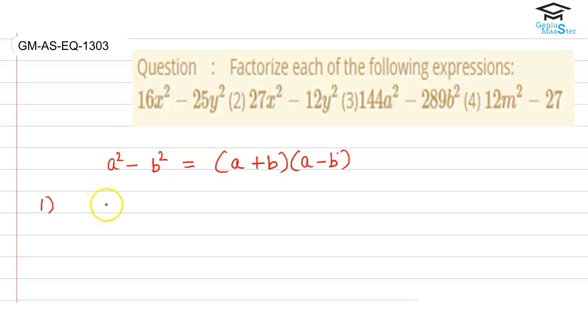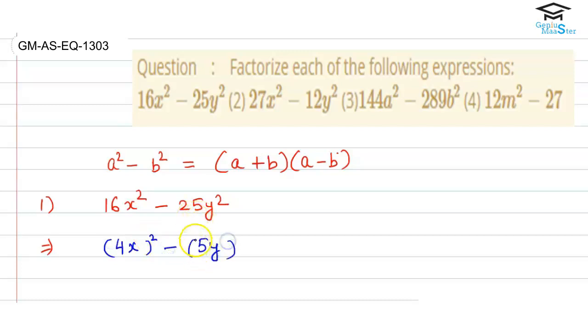Here the first expression is 16x square minus 25y square. Now we have to factorize it. So we know that 16 is the square of 4 and 25 is the square of 5. So we can write it as 4x whole square minus 5y whole square.